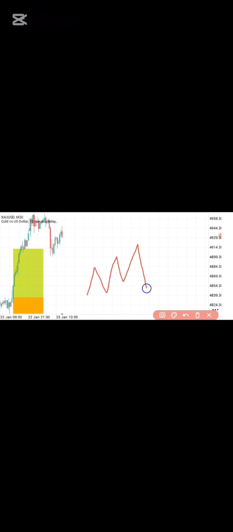This is a higher low, but there is something different. If we take the first low, it did not take out any liquidity. The second low did not take out any liquidity, but the third one swept out what? Liquidity.